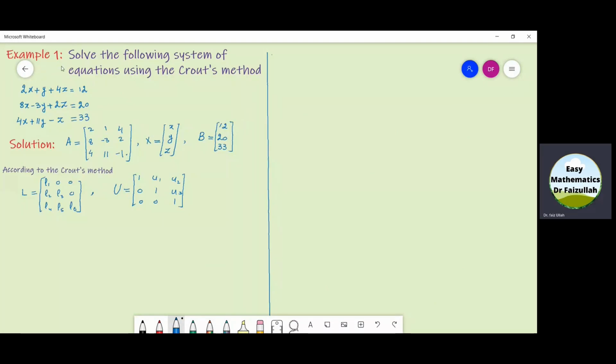In example 1, we use the Crout's method to solve this system of equations. In a usual way, the matrix of coefficients is given by this one. X is a matrix containing these variables, and B contains all the constants on the right hand sides.